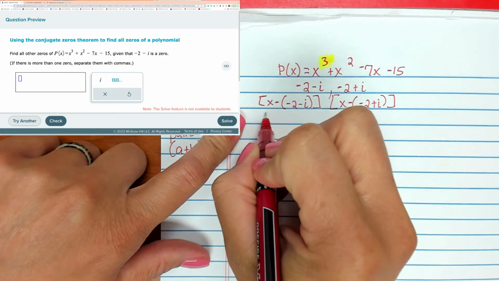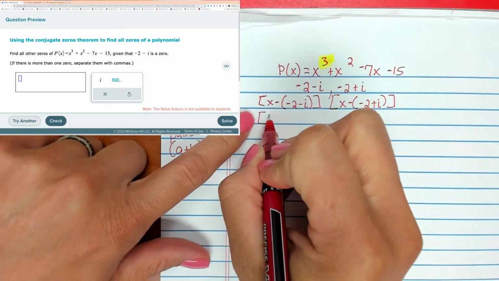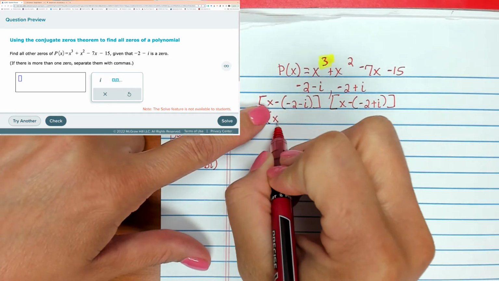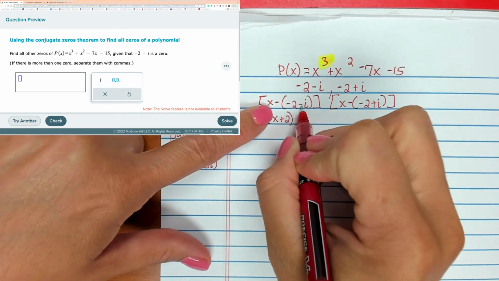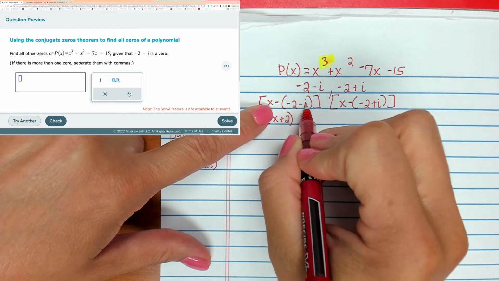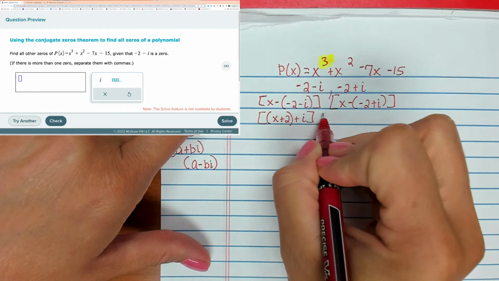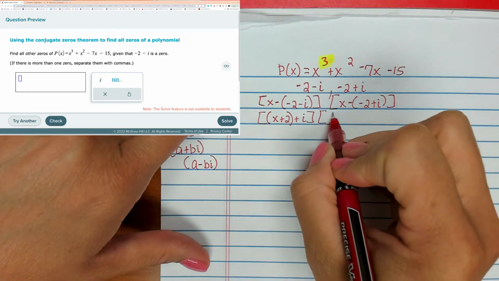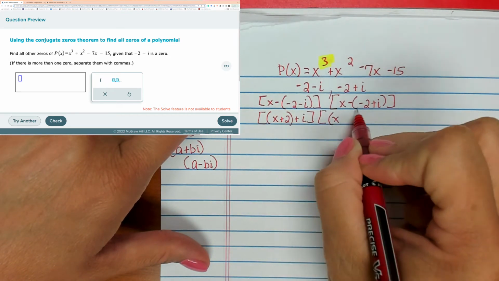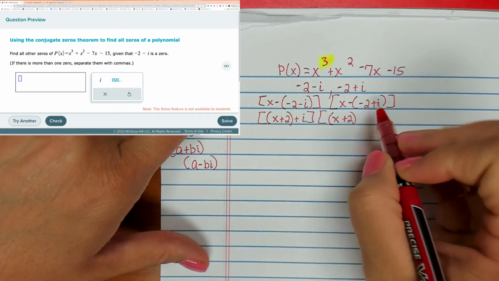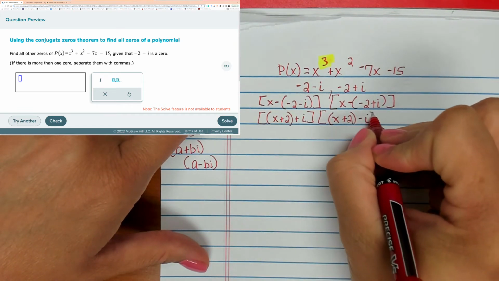Just watch me for a second. I'm going to bring this down, and I'm going to group the x plus 2, and then this negative times that negative there gives me plus i, okay? And I'm going to do the same thing here. I'm going to put x plus 2. And then that negative times that positive gives me a minus i.